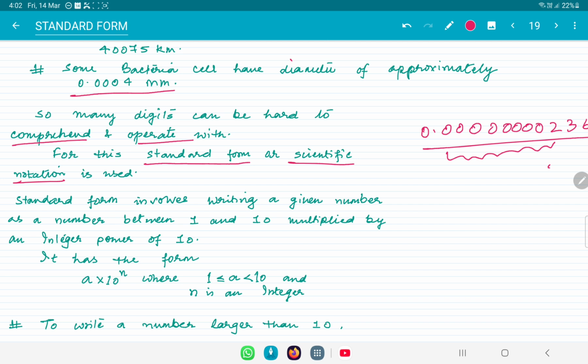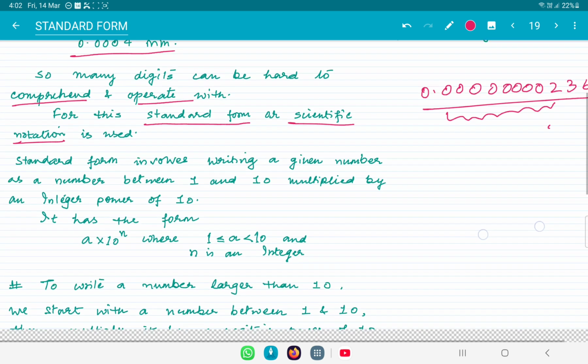The synonym of standard form is scientific notation. It is also used in physics, and you will see it in your higher classes.